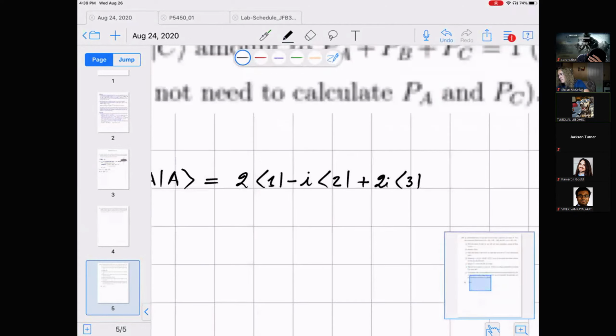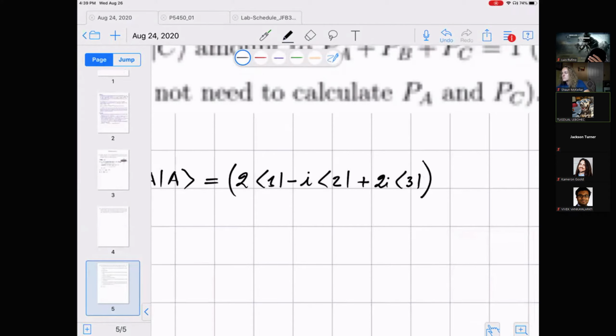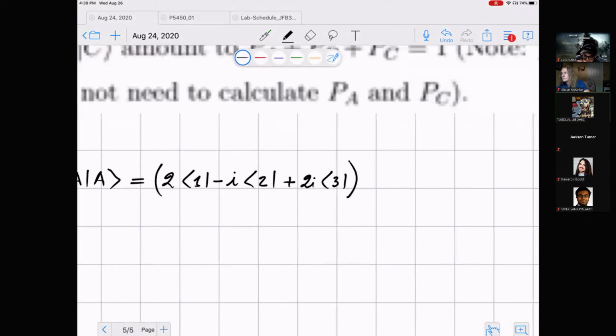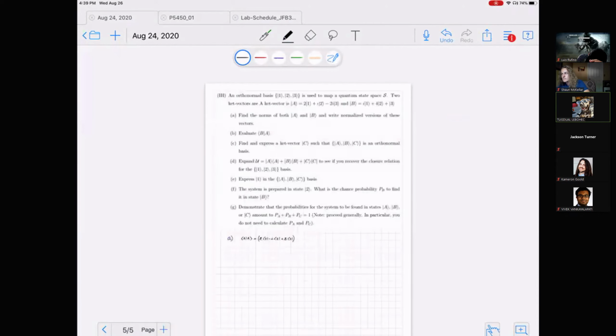And here I just wrote the bra A. The important thing is that instead of minus 2i, I wrote plus 2i, because to construct the bra A from the ket A, I need to replace each of the kets of the basis by the corresponding bras, and replace the coefficients by their complex conjugates.